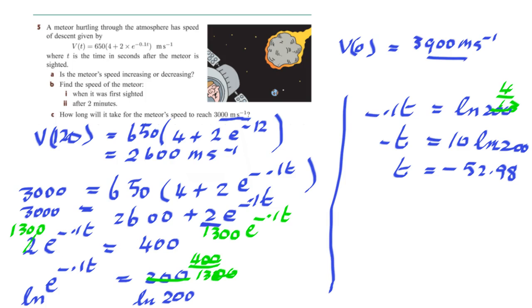Then if I divide both sides by 1300, I get 400 divided by 1300, which is 4/13. So take the natural log of both sides. So I'll get minus 0.1 t equals natural log of 4/13, which I'm just about to put into my calculator, and hopefully we get the right answer this time.